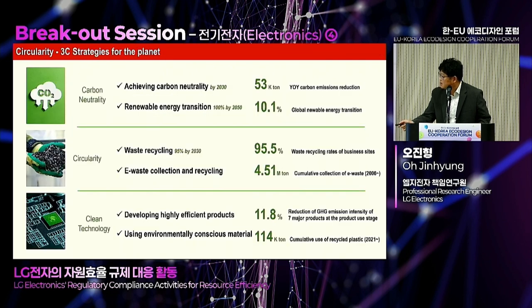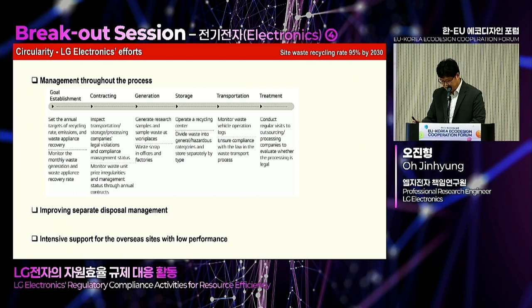Today's topic is circularity. We aim for 95% waste recycling by 2030, and also e-waste collection. We have an annual goal of e-waste collection, and when it comes to clean technology, we'd like to reduce carbon emissions by developing highly efficient products, and we're also going to use recycled plastic materials in manufacturing our products.